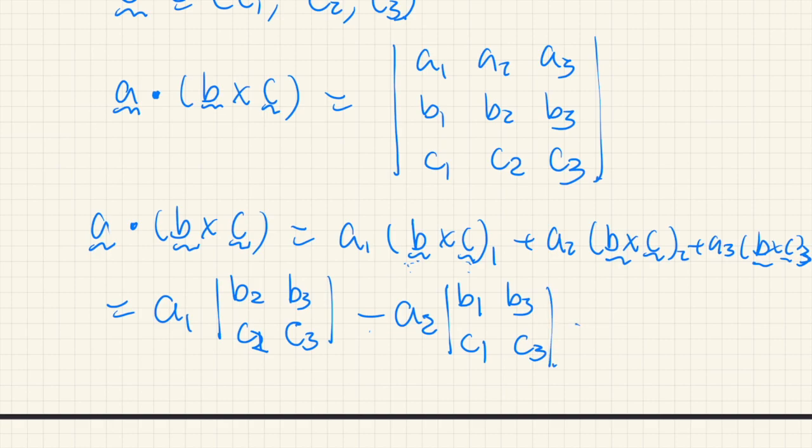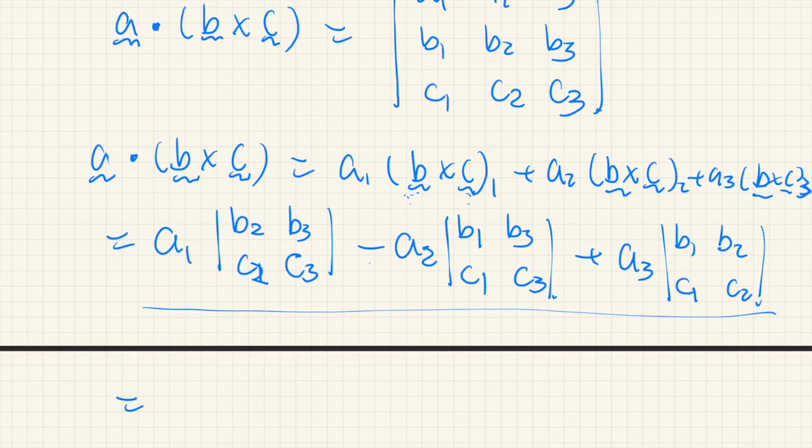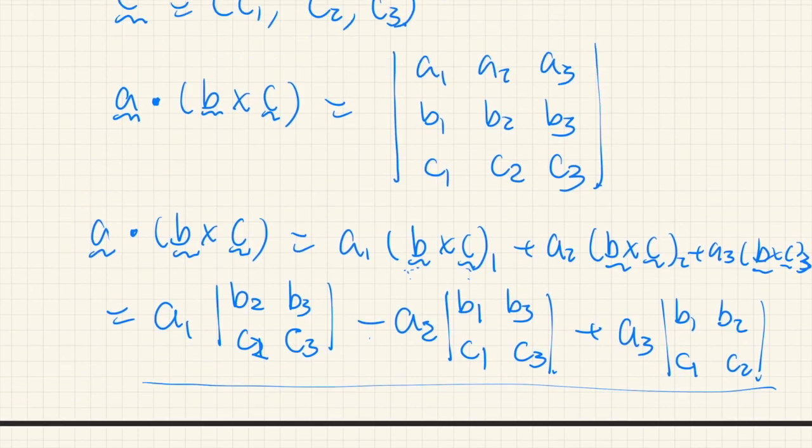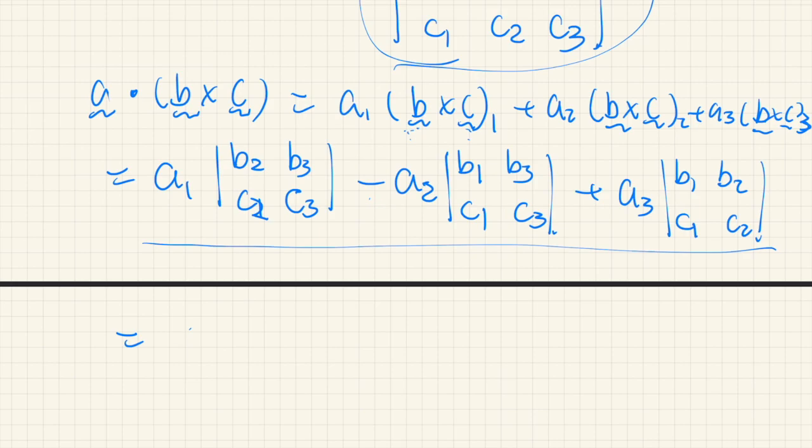And the third component is yet another determinant, that is B1, B2, C1, C2. Now look at this expression. This is actually the determinant of the 3 by 3 matrix. So that is equal to the right-hand side, and we are done.